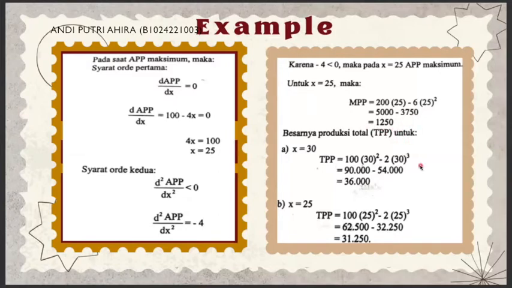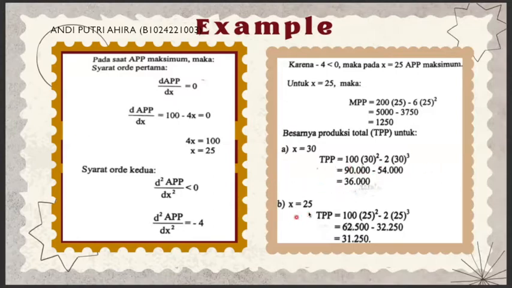1,250. The value of total production, or TPP, for x equals 30 is TPP equals 100 times 30 squared minus 2 times 30 cubed, equals 90,000 minus 54,000, equals 36,000.